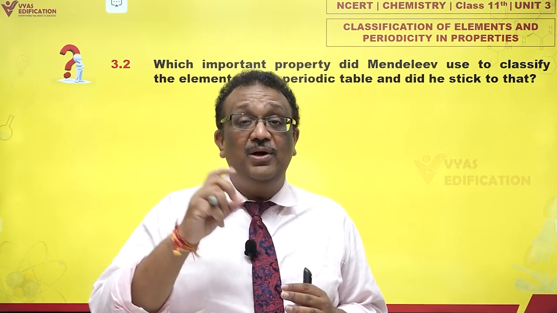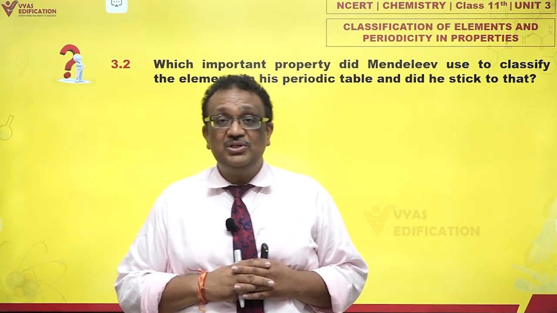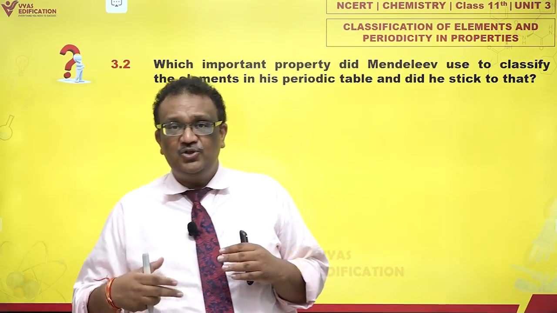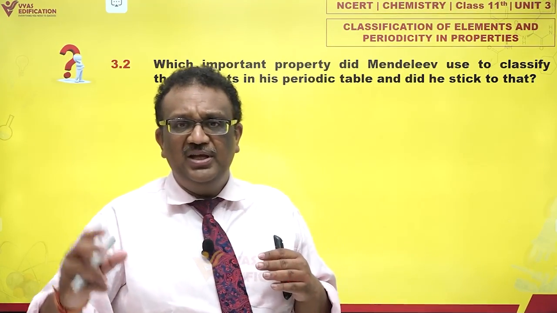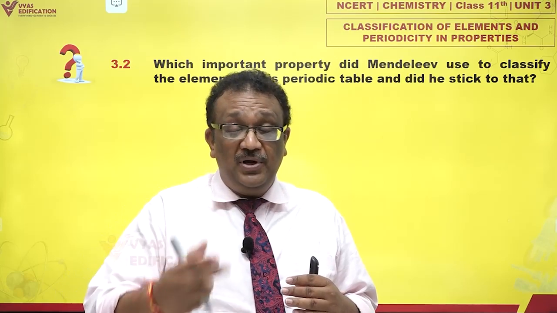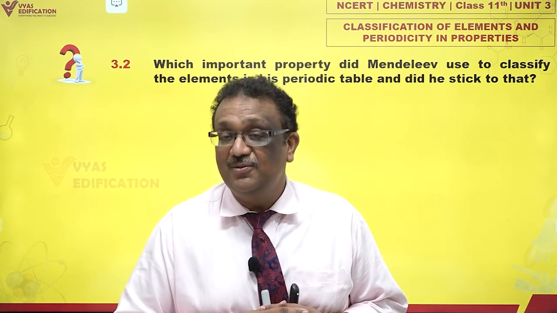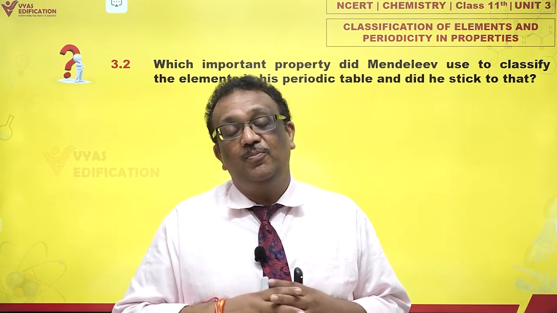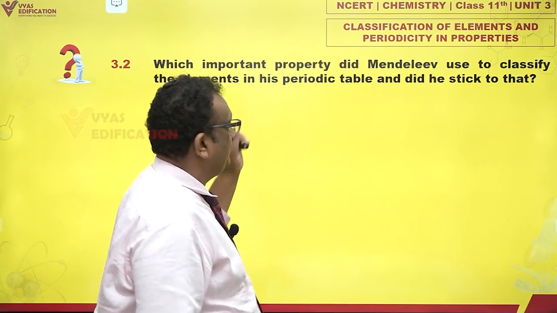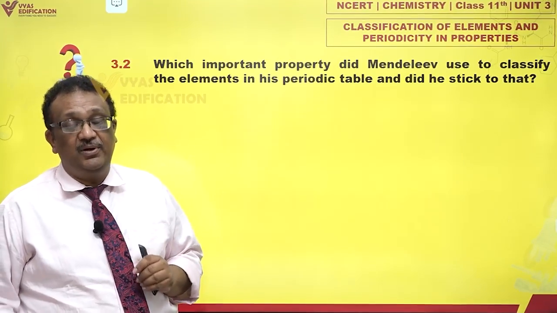He arranged the elements in the order of increasing atomic mass, and he found that properties show a very gradual variation as well as a repetition after a certain gap or a certain period, and that is why the term periodic properties. First part was this, and the answer is atomic mass.